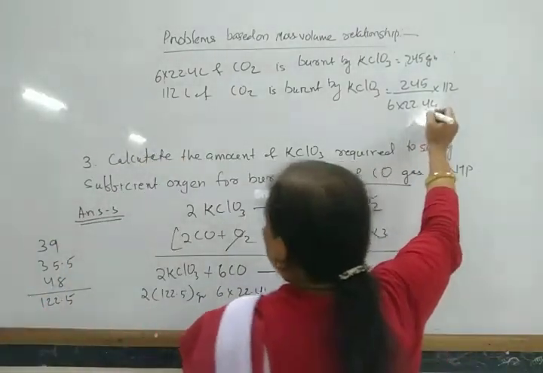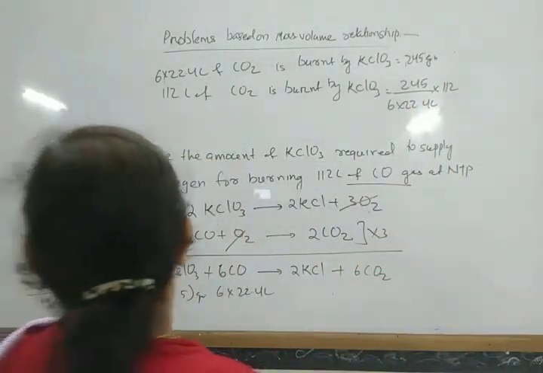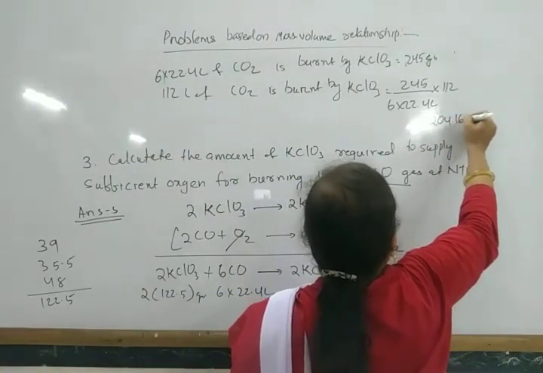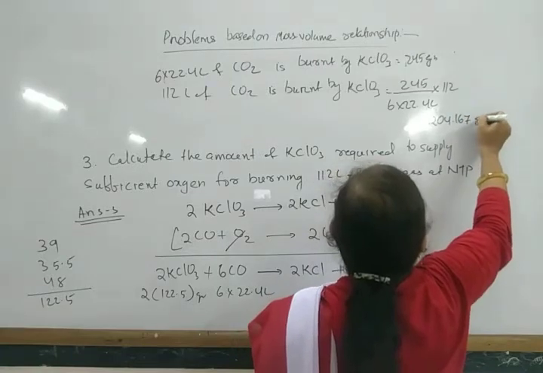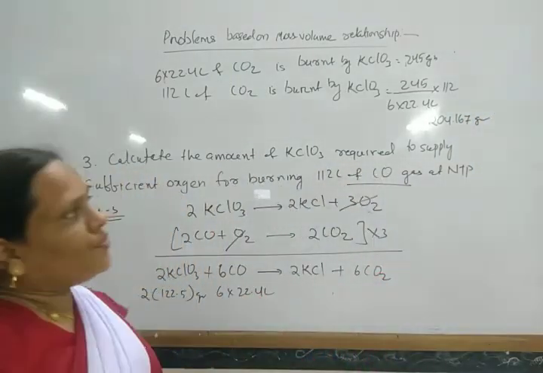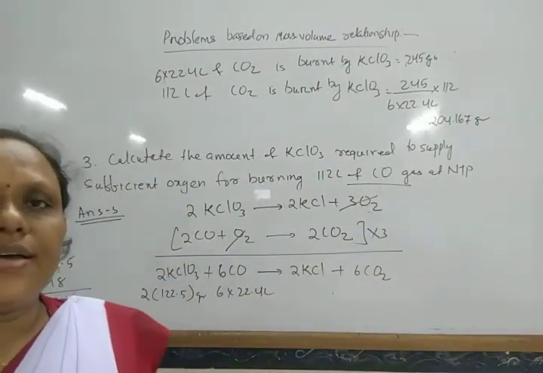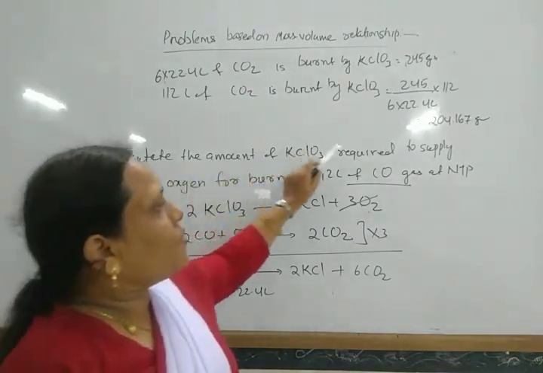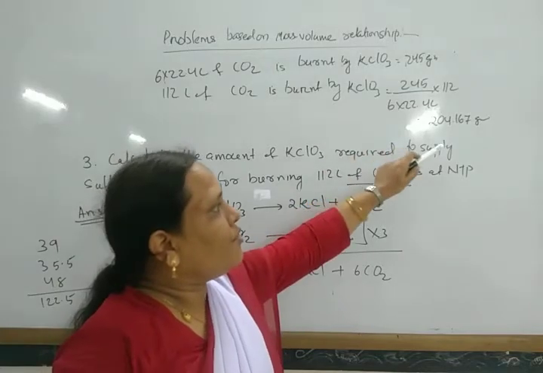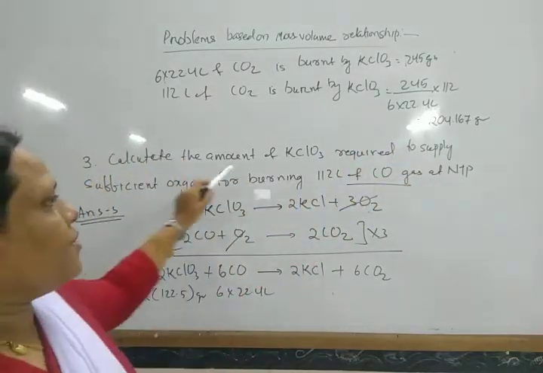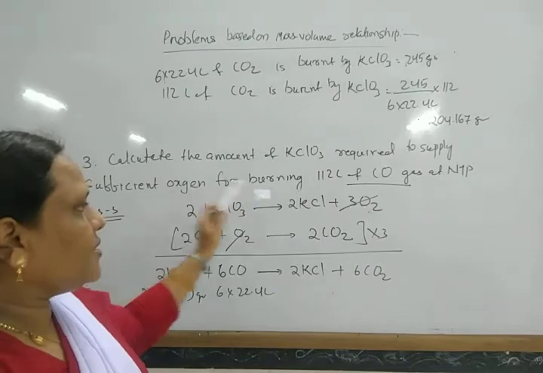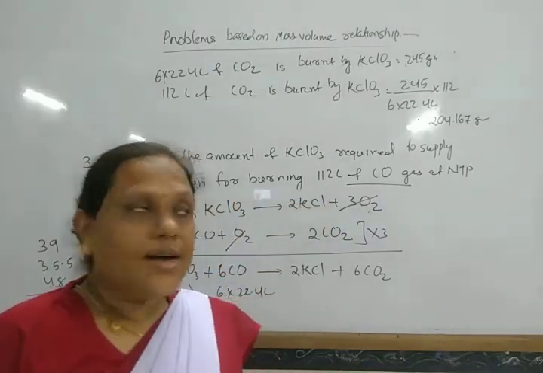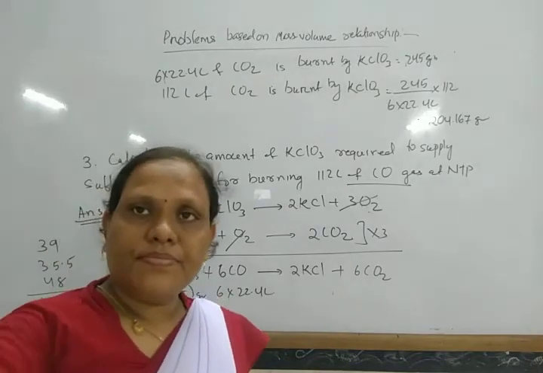That is equal to 204.167 gram. So the amount of potassium chlorate required is equal to 204.16 gram, which is required to supply sufficient oxygen for the burning of 112 liter of carbon monoxide gas at NTP.